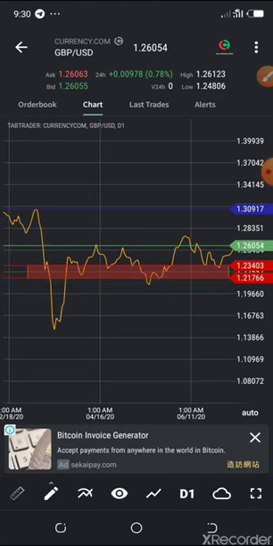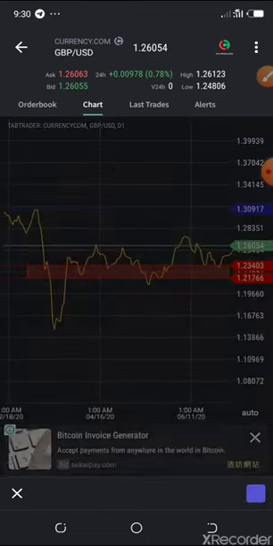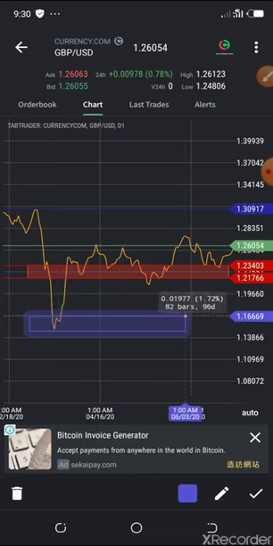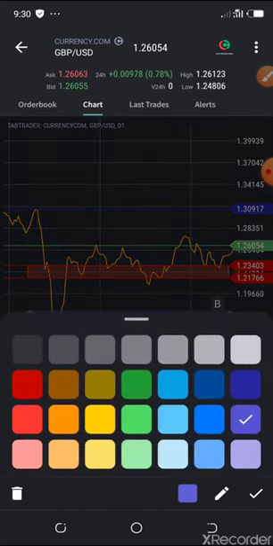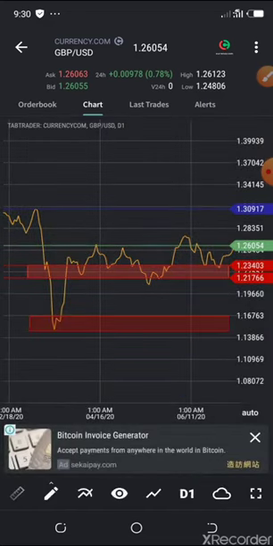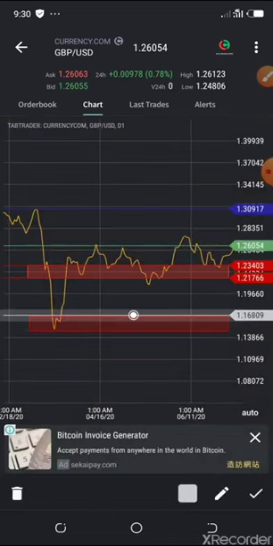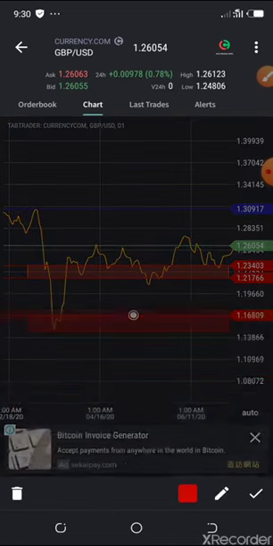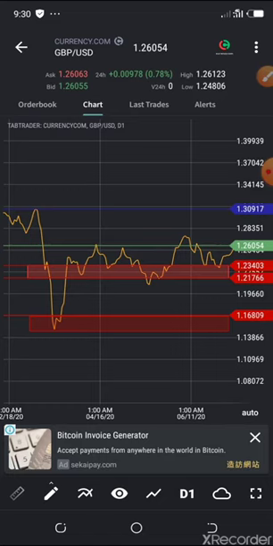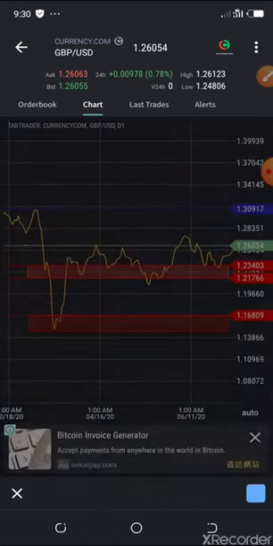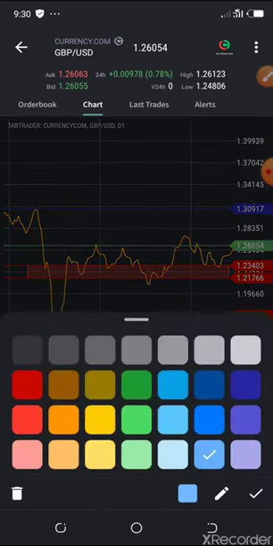Then let's pick another one. This is another support zone, still red. Then I pick it again, red.